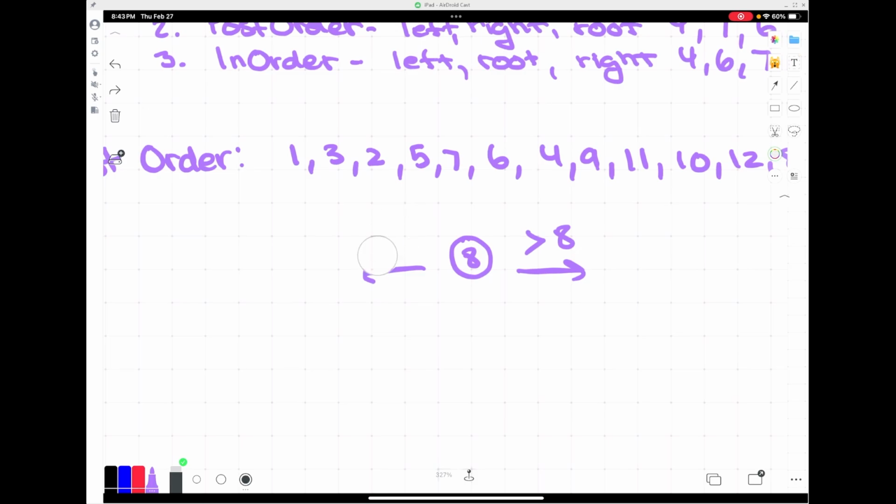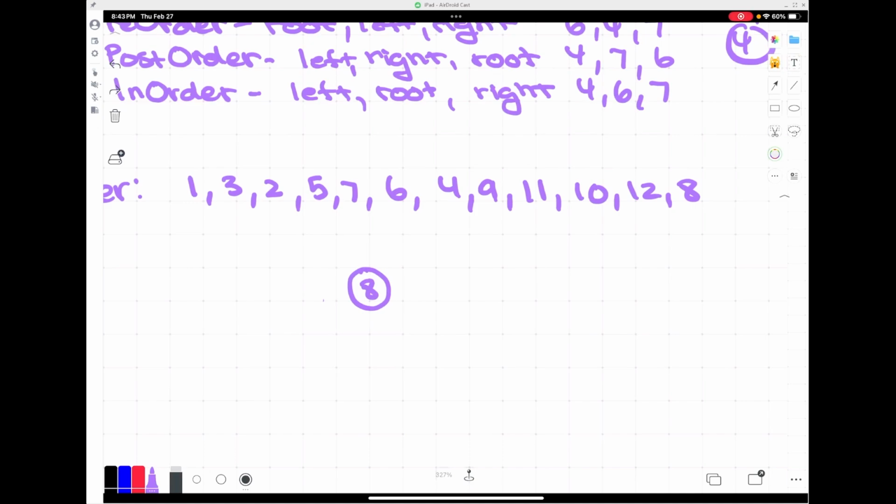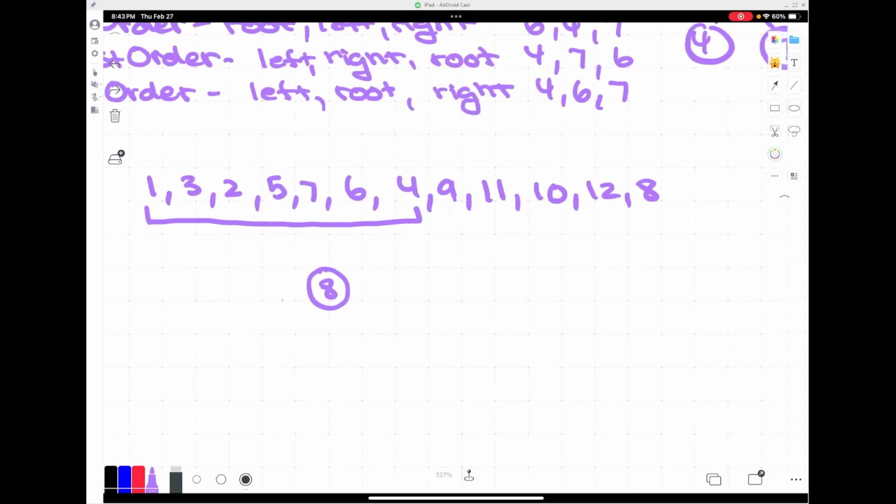And so we can look at our list. So what is less than 8? Well, it seems like everything on this side is less than 8, and everything on this side is greater than 8.